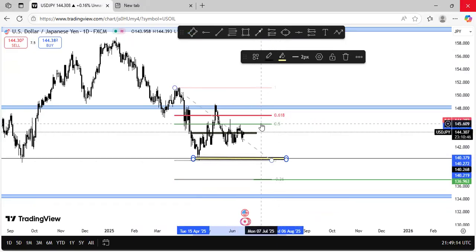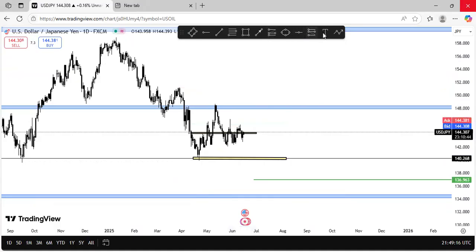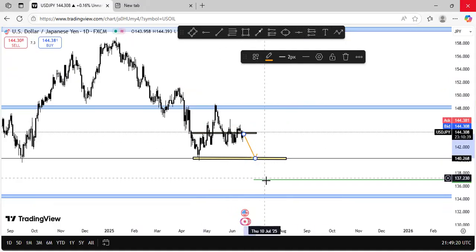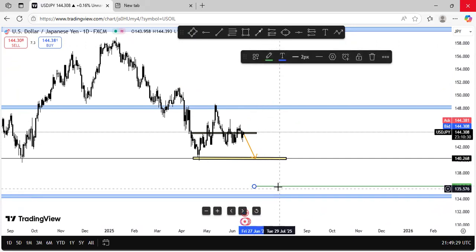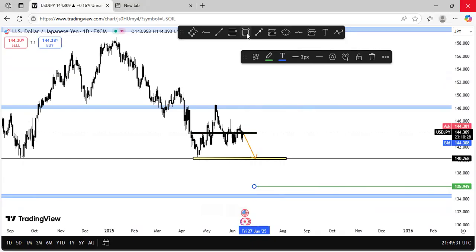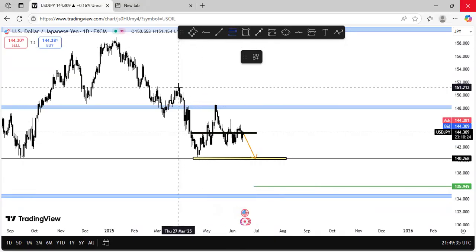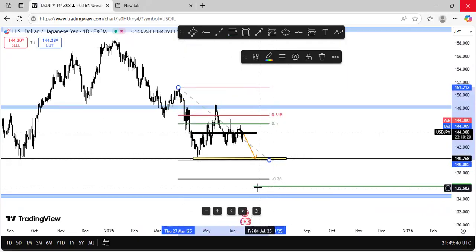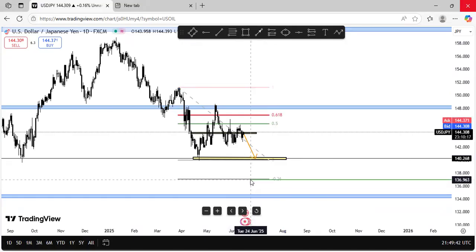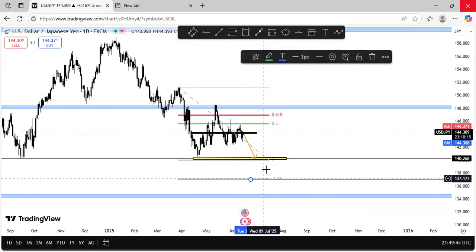If price is able to break this level, we should expect a downside to 136.00 flat, which I want price to get to because I'm actually on the trade right now. Or price will just respect our fib level, the 0.6, and then we should expect price to fall down here.